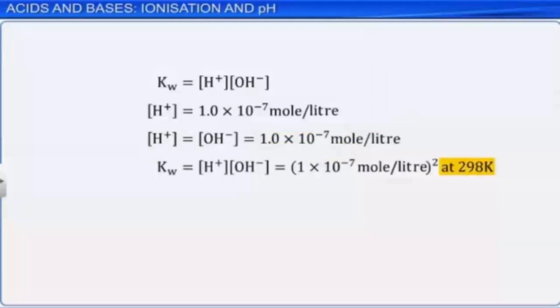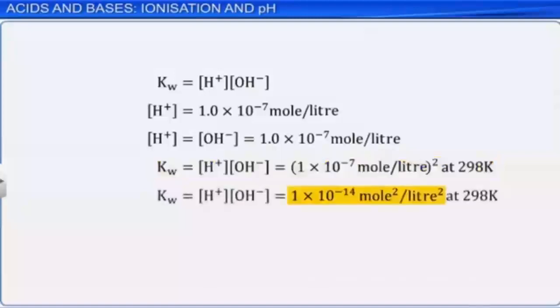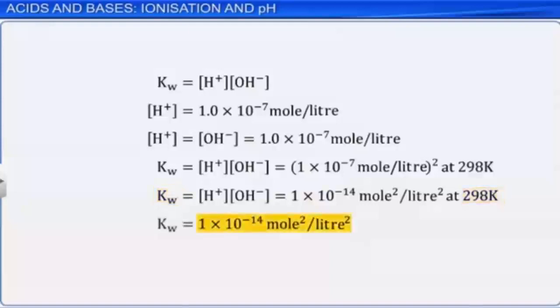Thus, at 298 Kelvin, the ionic product of water, which is equal to the product of the concentrations of H+ and OH- ions, is equal to 1 multiplied by 10 to the power of -7 raised to the power of 2 moles per liter. This is equal to 1 multiplied by 10 to the power of -14. Hence, the value of the ionic product of water at 298 Kelvin is equal to 1 multiplied by 10 to the power of -14 moles squared per liter squared.